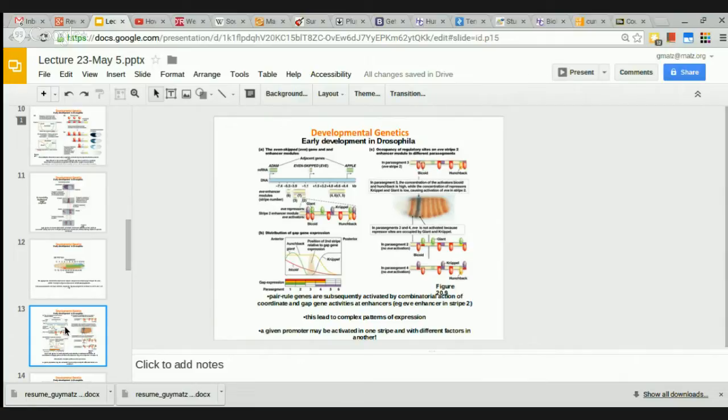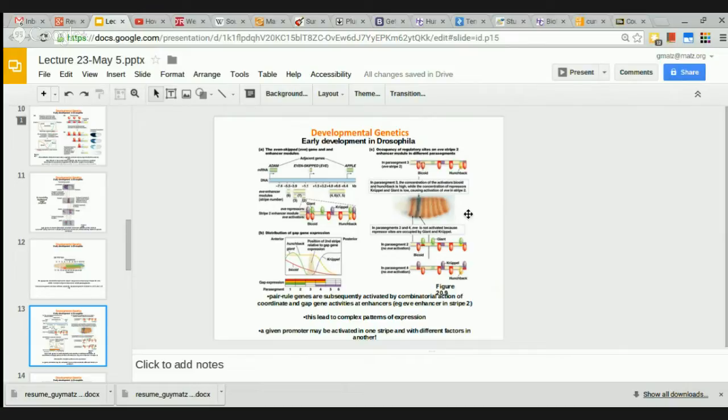Now here, look at this panel. Let me describe this for a second, because that's going to answer your question. You see these 7 stripes here, 1, 2, 3, okay? One of them has a different color. But you see 7 stripes. This is the pattern of expression of Eve.